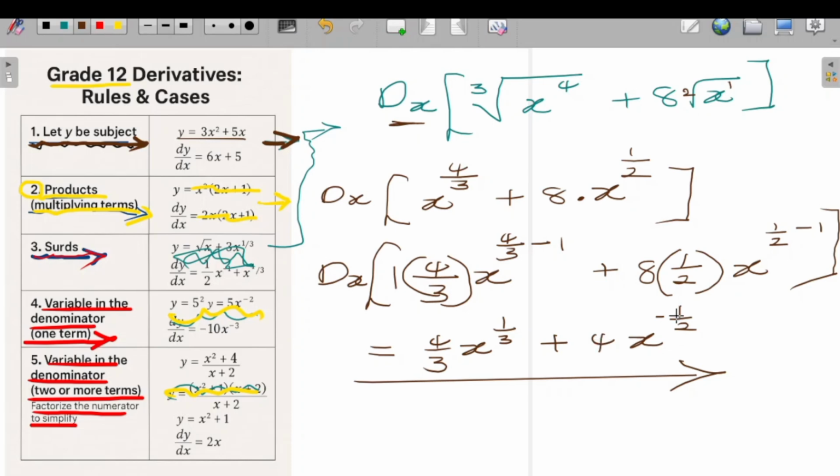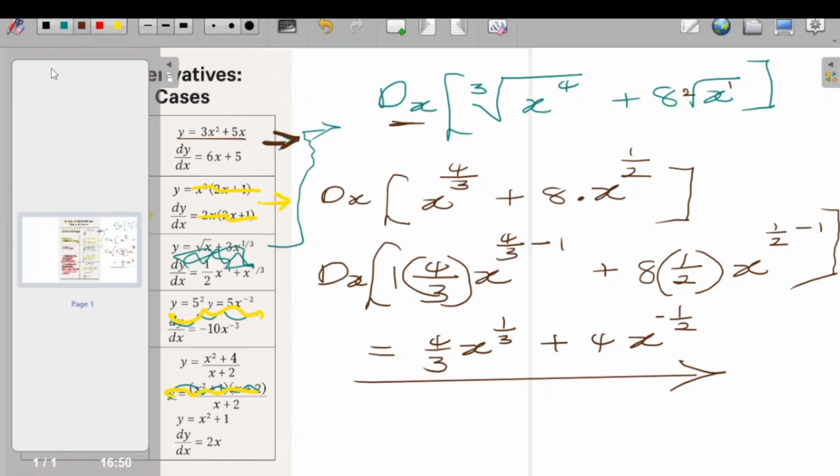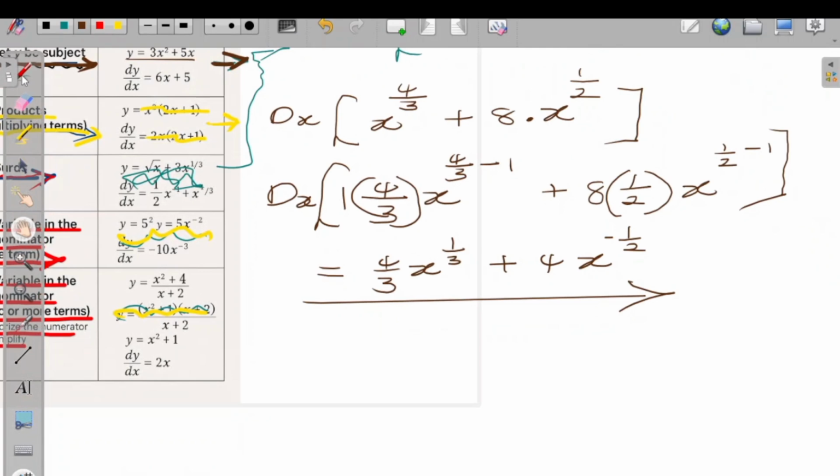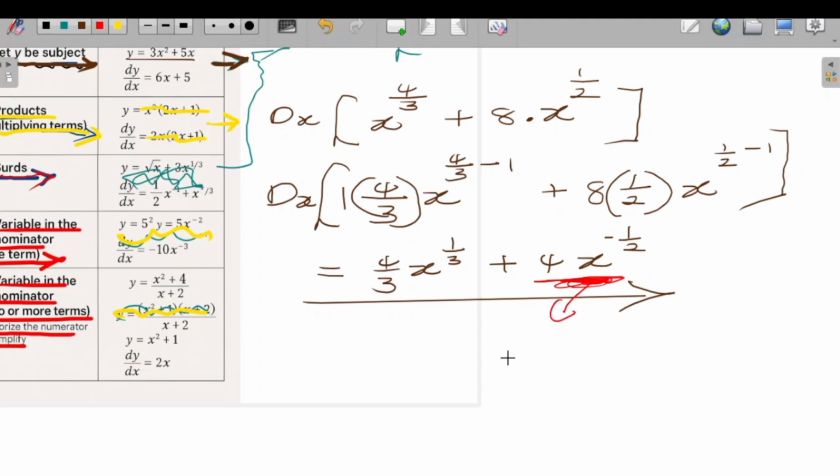So if you have 4x to the power of minus 1 over 2 and you need to simplify this, this is what you do. You say 4 times x, but now see that the x is to the power of minus 1 over 2, so you have to do this: x to the power of 1 over 2 in the denominator, which will be equal to 4 over root x, like that.